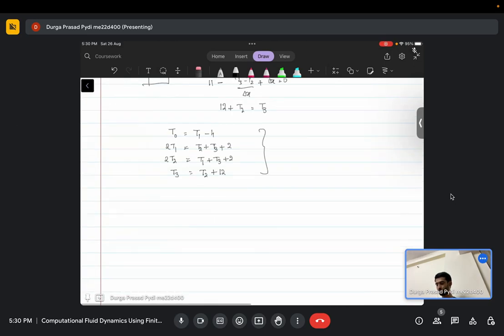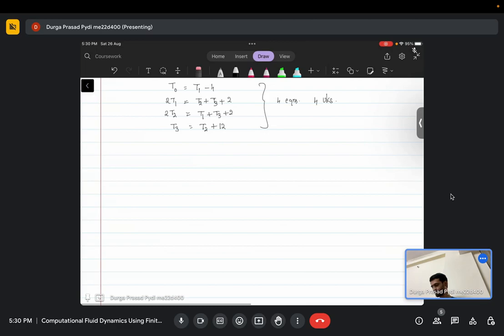So now we have 4 equations and 4 unknowns. Since you have to solve using hand calculations in your final exam, I thought this is a fairly simple thing.